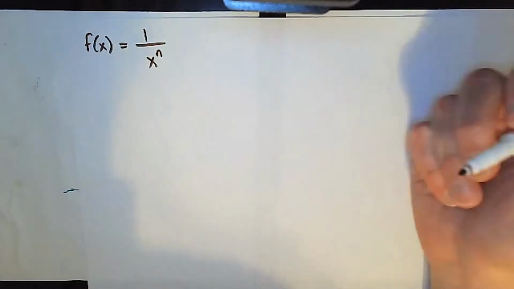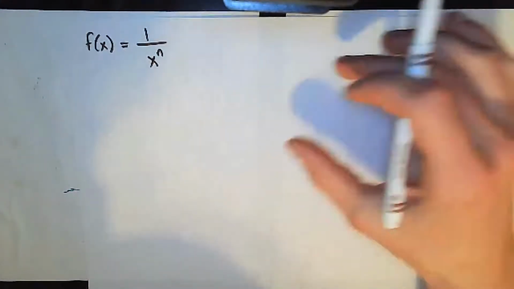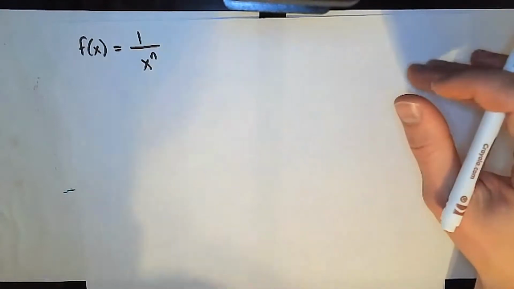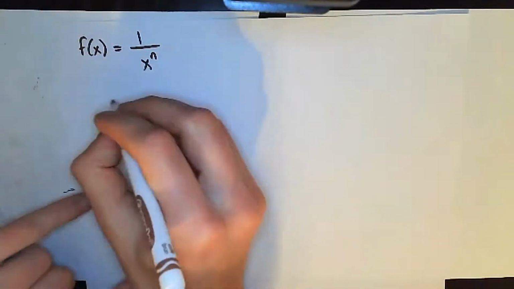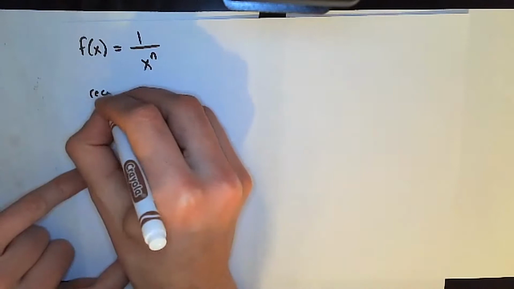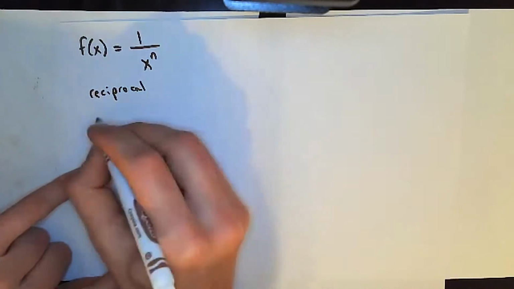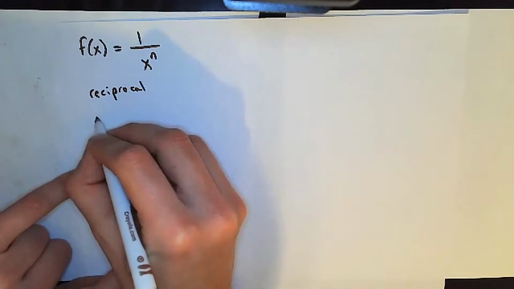You're going to see that they fall into two different categories, with n being even and odd, just like the other ones. There's going to be two subcategories, and these are called reciprocal functions, or you could also call them rational functions.